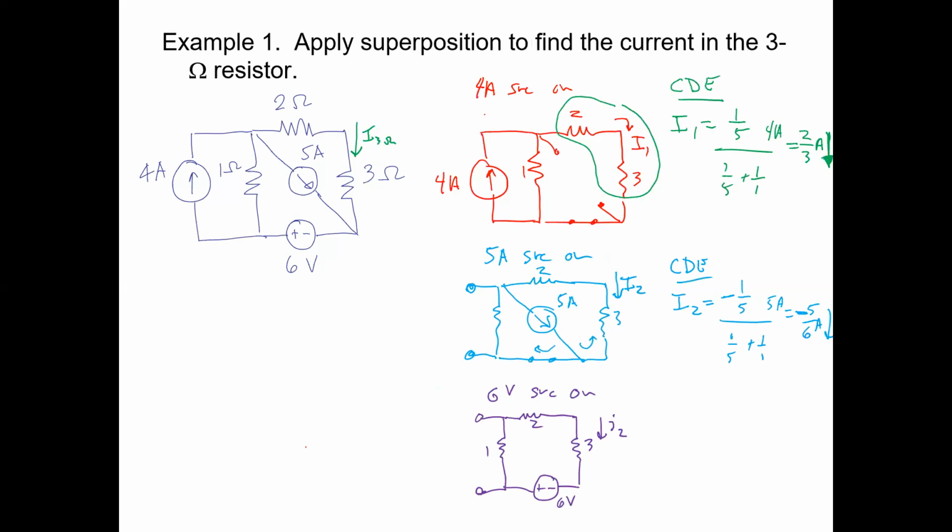Oops, we're going to call this not I2, but I3. And what kind of circuit do we have here? Could be a voltage divider if you're trying to find the voltage across a 3 ohm resistor, but we're actually just trying to find the current through it. So it's basically a voltage source in series with 3 resistors, right? So what's I3, the contribution from that 6 volt source?